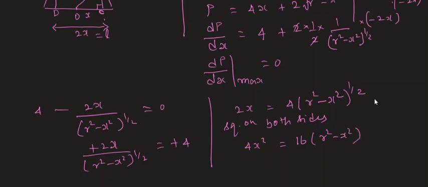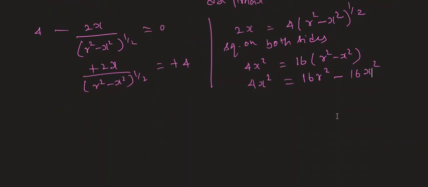So squaring the root, we get cancel. Therefore 4x squared is equal to 16r squared minus 16x squared.